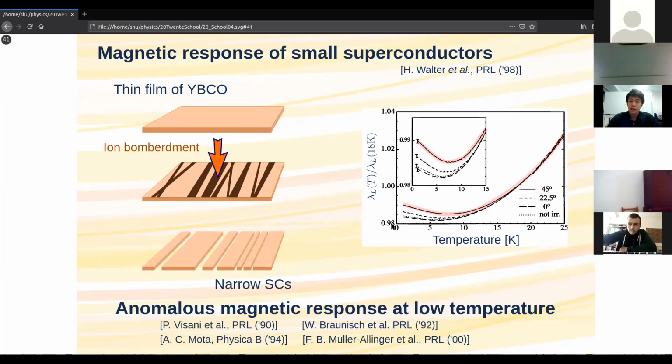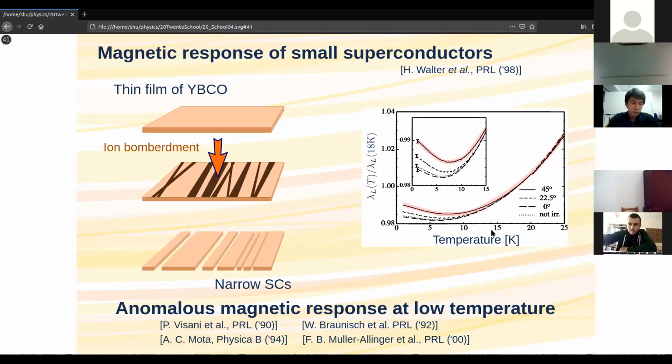The experimental results are shown here. This is the temperature and this is the penetration depth. Usually the magnetic penetration depth decreases monotonically with decreasing temperature.